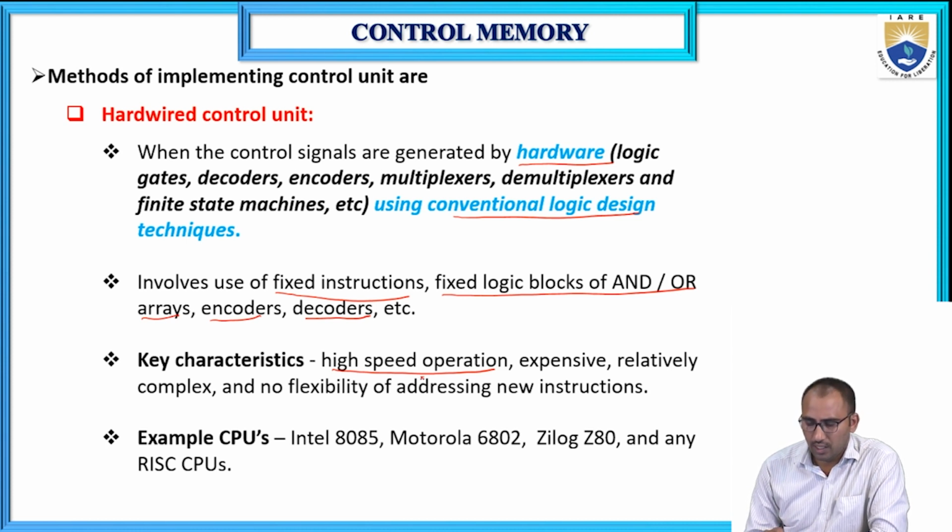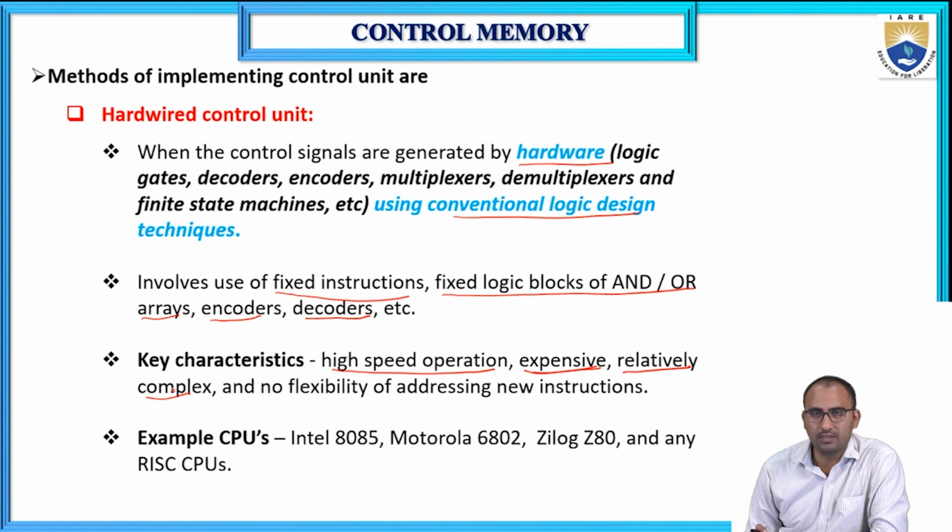That's why it has high speed of operation, but it is expensive, because we require more combinational logic circuits: more encoders, decoders, multiplexers, demultiplexers, and logic gates. As the number of components increases, it becomes expensive and relatively complex.